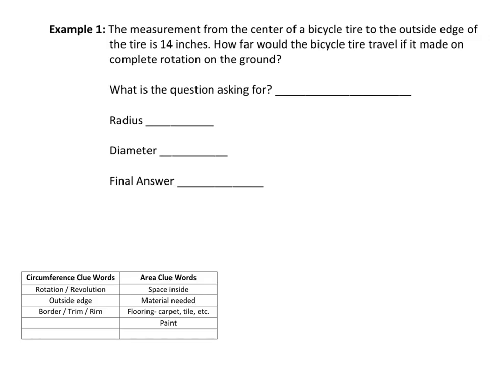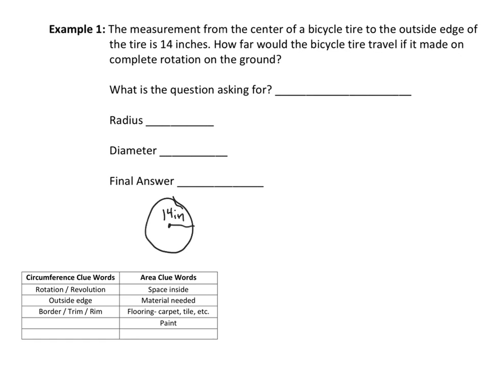It says the measurement from the center of the bicycle tire to the outside edge of the tire is 14 inches. There's no picture here, so I'm going to draw that circle. From the center of the tire to the outside edge is 14 inches.